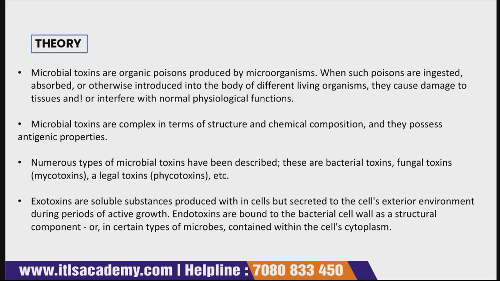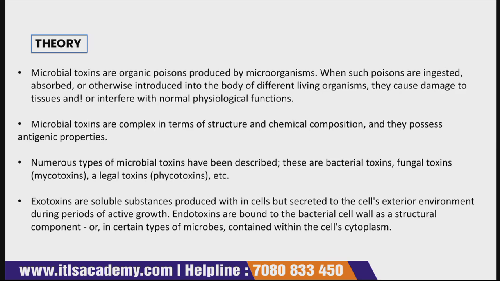There are two types of toxins. First is exotoxin and the other is endotoxin. So what are exotoxins? Exotoxins are soluble substances that are produced in the cell but secreted to the cell's exterior environment during the period of active growth.